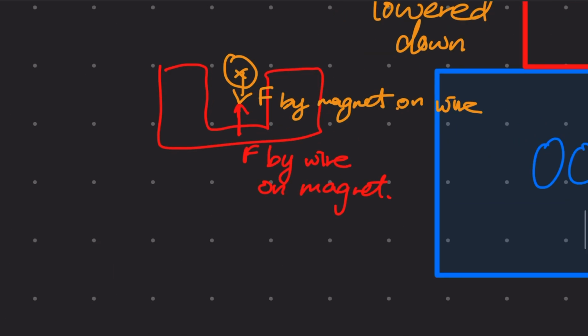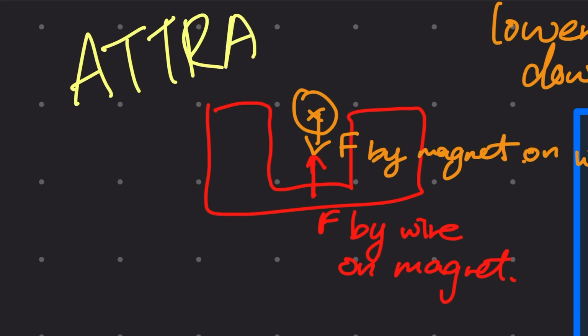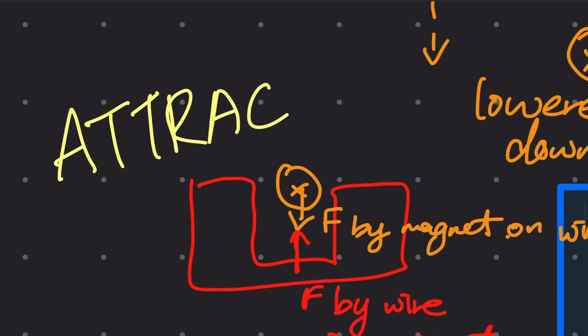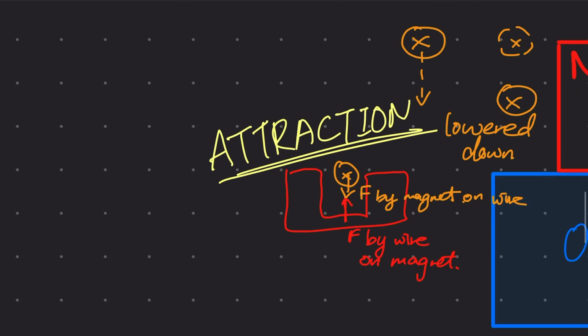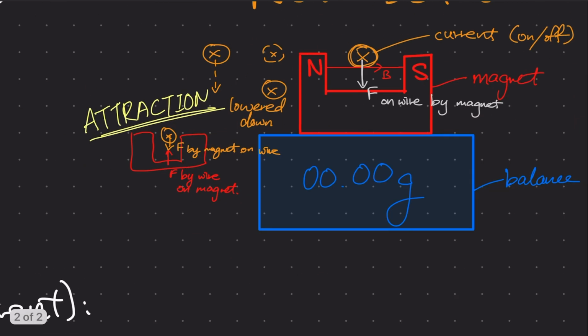But I like to think about it as attraction, because I think this is the most important thing right here. Attraction is doing the job more than anything else, and I just like to think of it that way because it's simpler for my brain to process.